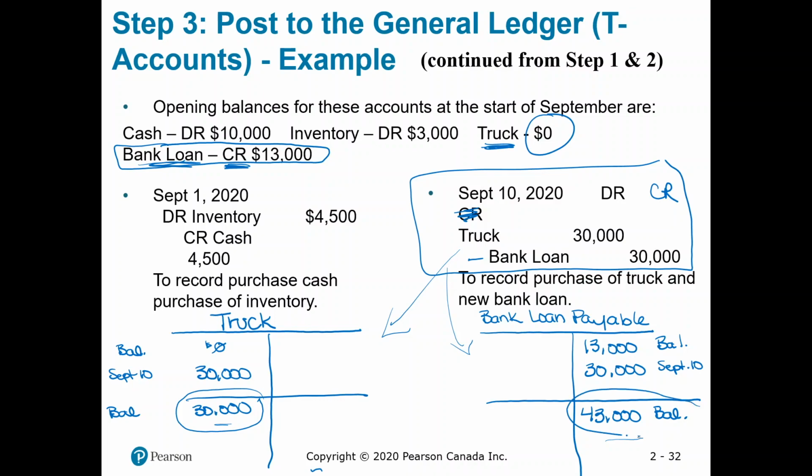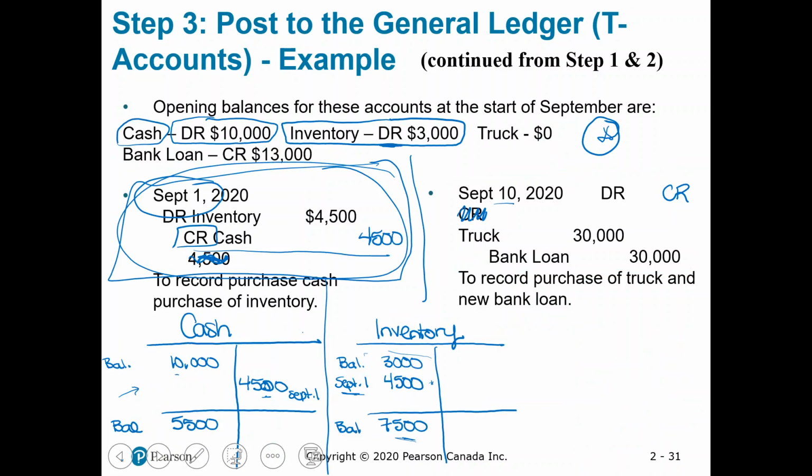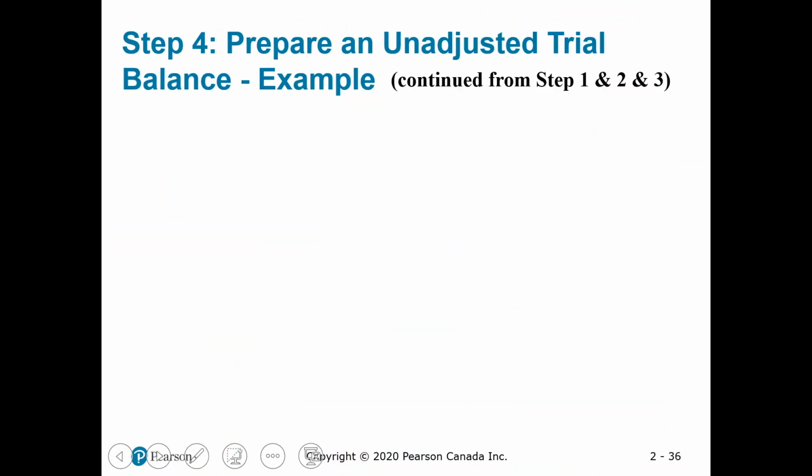The bank loan, we have 43,000 as a credit. We had a $5,500 debit in cash and a $7,500 debit in inventory. So now we will summarize those into a trial balance.